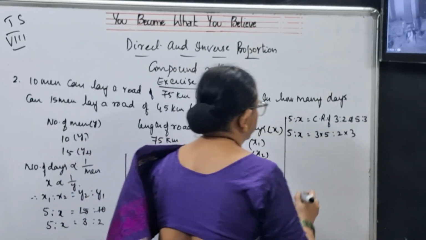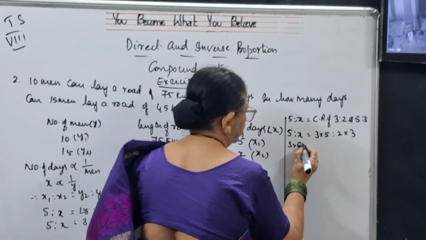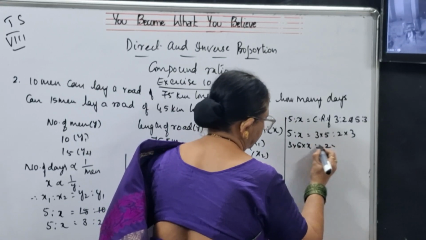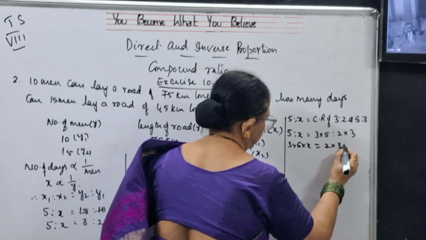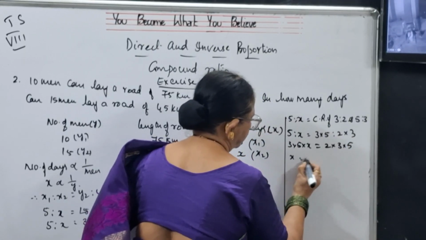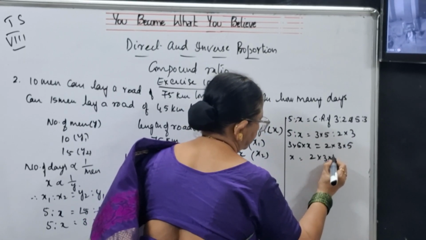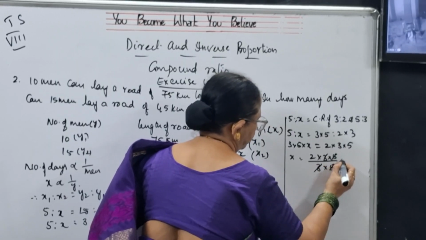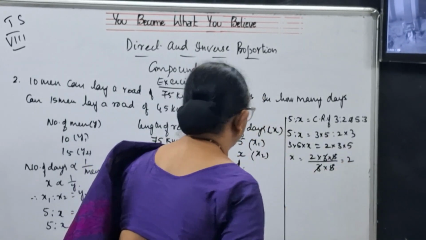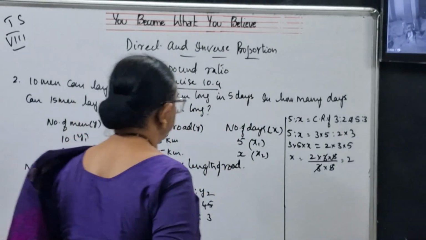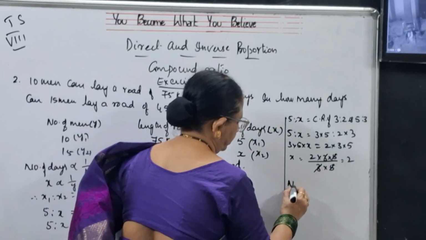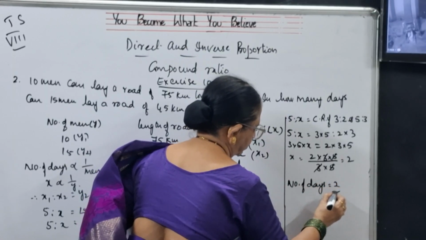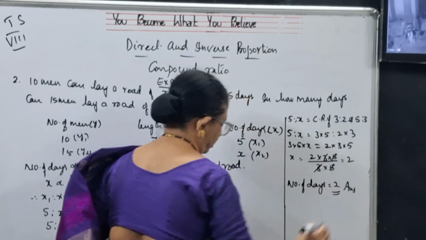So 3 into 5 into x is equal to 2 into 3 into 5. What is x? 2 into 3 into 5 by 3 into 5. 3, 3, 5, 5 will get cancelled. x is 2. So how many days can 15 men lay? So number of days is equal to 2. This is the answer, children.